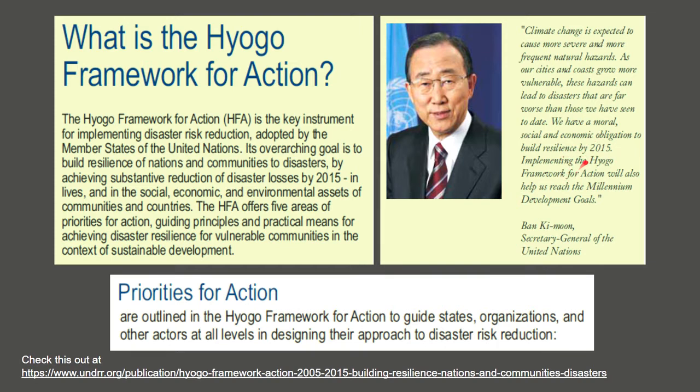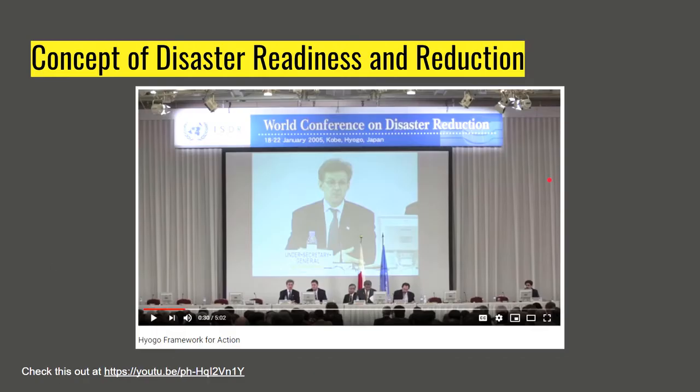So implementing the Hyogo Framework for Action will help us reach the Millennium Development Goals. To learn more and to find out what happened during the World Conference on Disaster Reduction in 2005, I recommend that you watch this video entitled Hyogo Framework for Action. I'll provide the link in the description below.